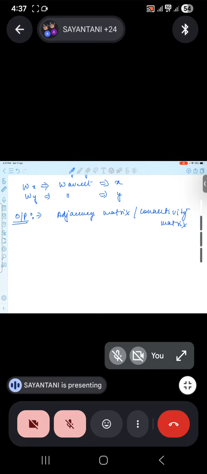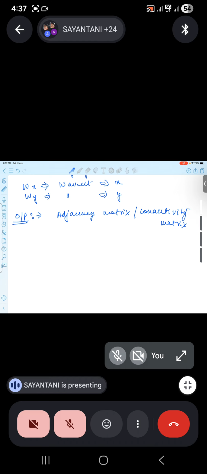You know which node is connected to which particular portion. Now in brain signals, you have your connectivity matrix or the adjacency matrix in hand because you already know the relationship between every pair of channels.